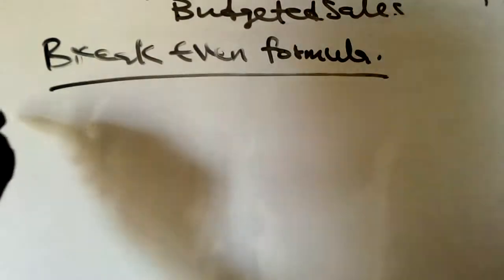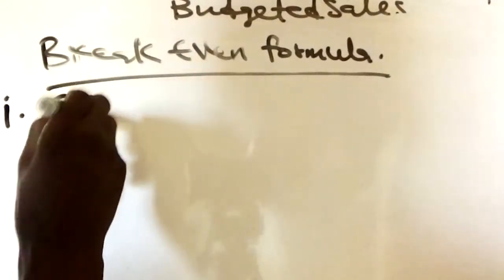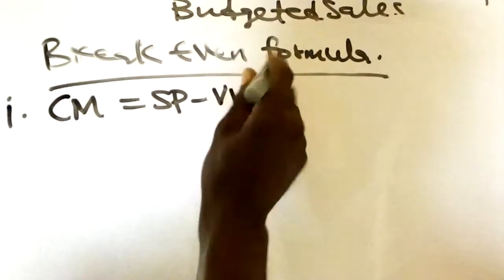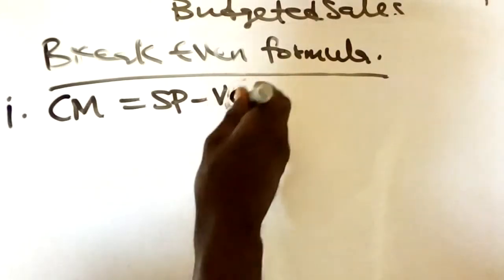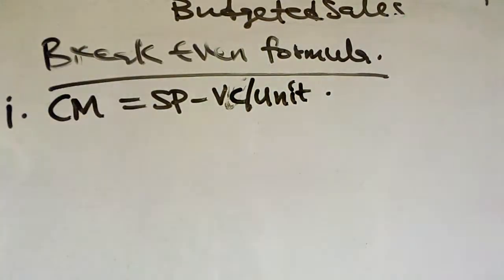Number 1, remember I've told you that contribution margin, CM, is selling price less unit variable cost. That will give you the contribution margin.